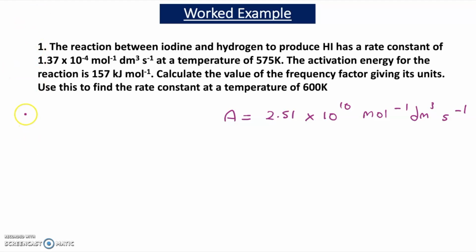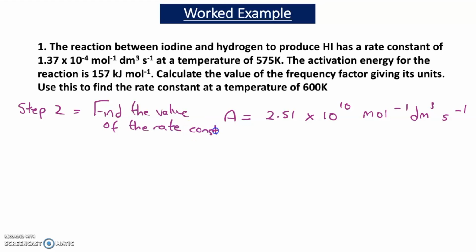Now once you work out the value of A, you make the assumption that this doesn't change with small increases in temperature. So step 2 is to find the value of the rate constant at a new temperature of 600 Kelvin. And to do this, I'm going to need my value of A, which I've already calculated.